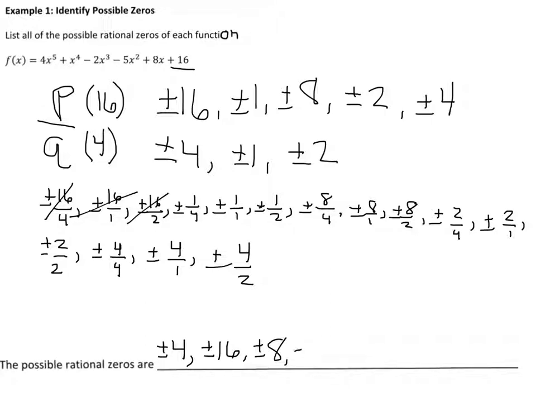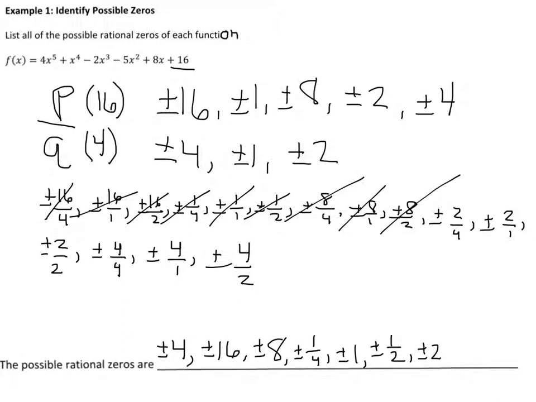Plus or minus 1/4 doesn't reduce, so we have to leave it as 1/4. 1 over 1 reduces to 1. 1/2. 8 over 4 reduces to 2. 8 over 1 reduces to 8, but remember we already have an 8, so we don't have to worry about writing that again. 8 over 2 reduces to 4, we already have that one.